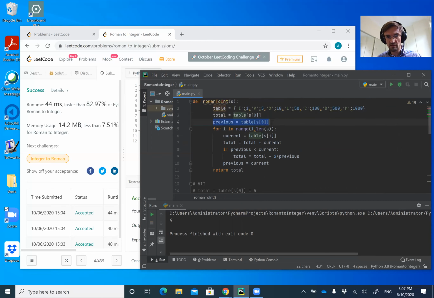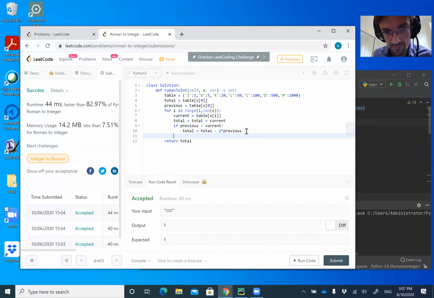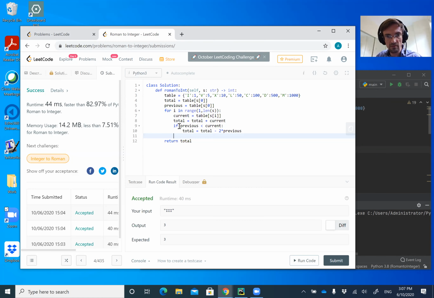So we're just adding this extra line here, and then we're deleting the previous. And then the previous equals current.